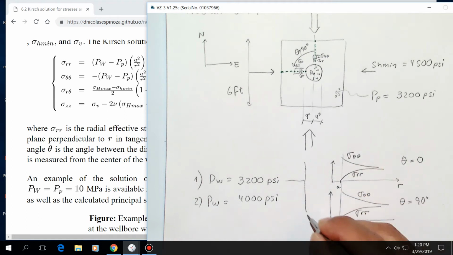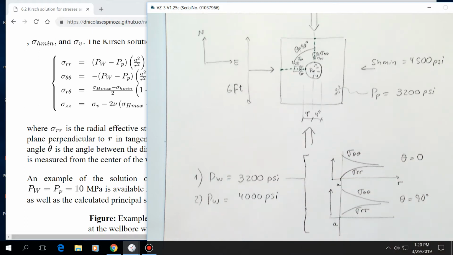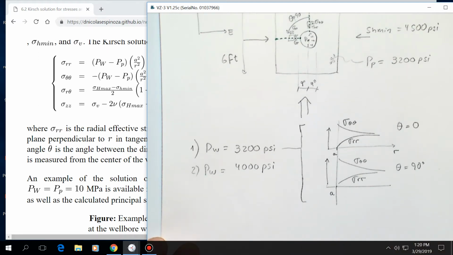I want the numerical values of that. So 4 lines for each case, and you will have 8 lines.